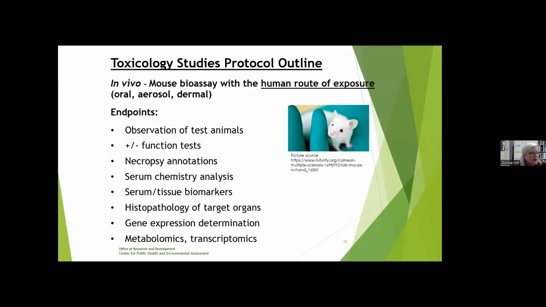Gene expression, metabolomics and transcriptomics. Those last two create a lot of information, and we're still kind of early in the process of learning how to make use of it all. But the effort's always there to try to get as much information as possible. And to me, the mouse is a hero because of this.